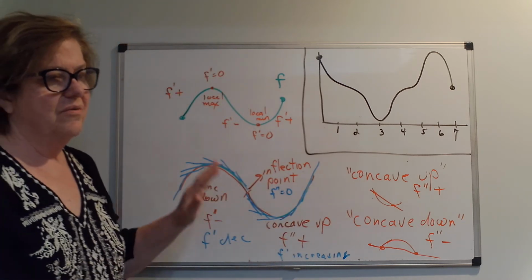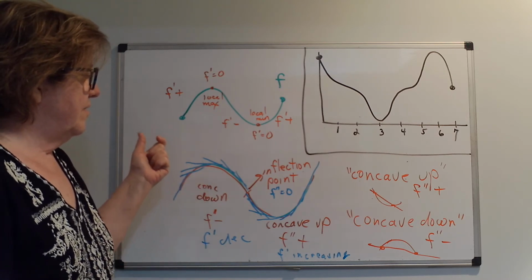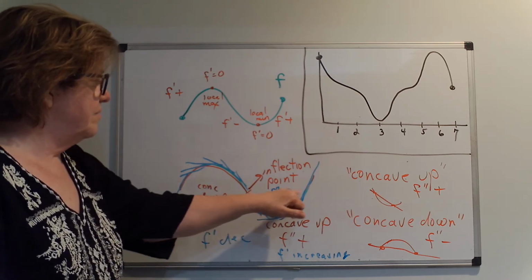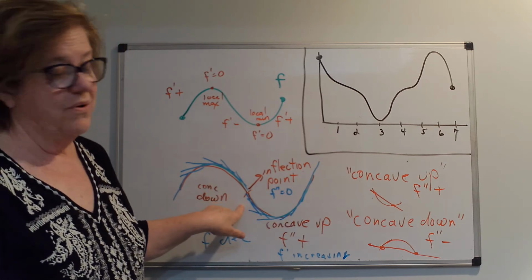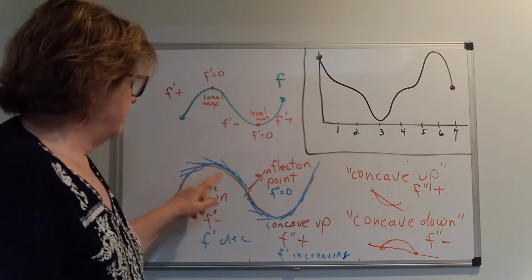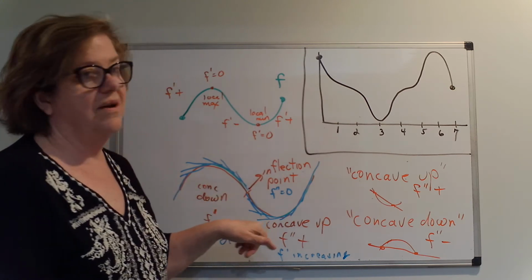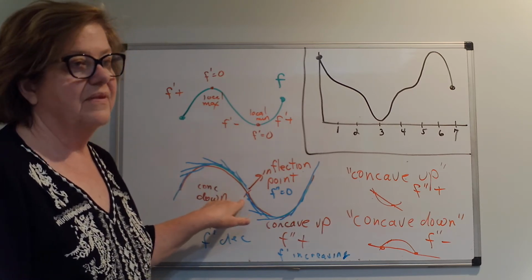But we're going to see that sometimes if we have an inflection point, the second derivative is going to be 0 there. If we change from concave down to concave up, or concave up to concave down, the second derivative is 0.